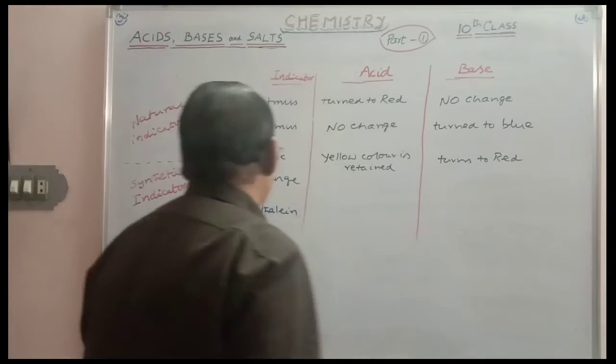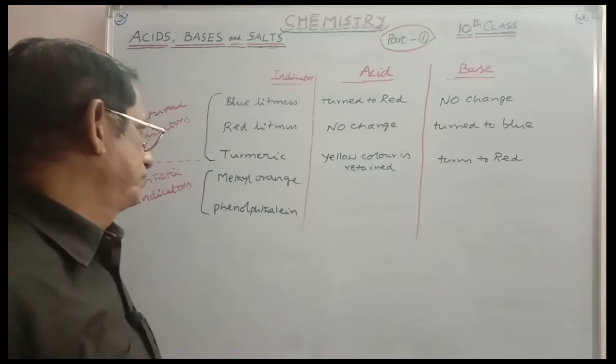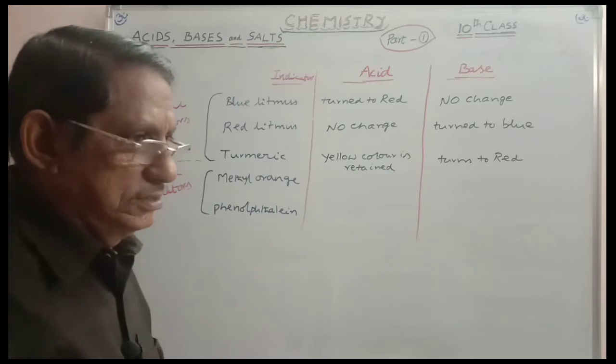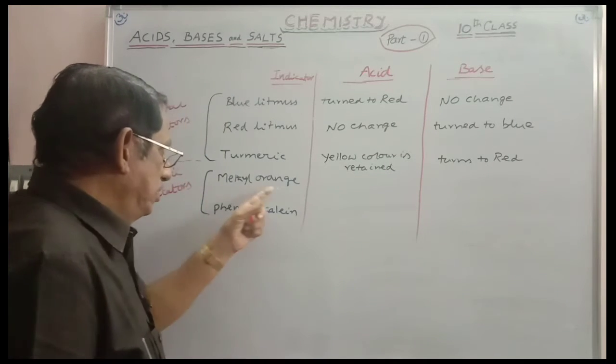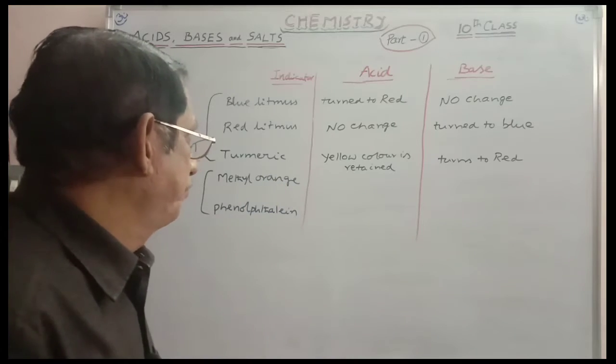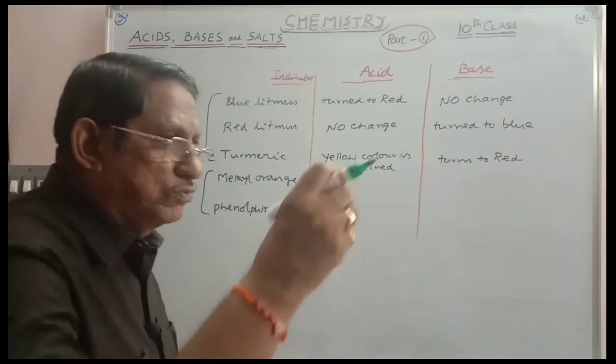Similarly, you can take methyl orange and phenolphthalein. Methyl orange is originally having light orange color. Name itself indicates the color. When methyl orange is dropped in acidic stage, take acidic solution, just 1 or 2 drops.